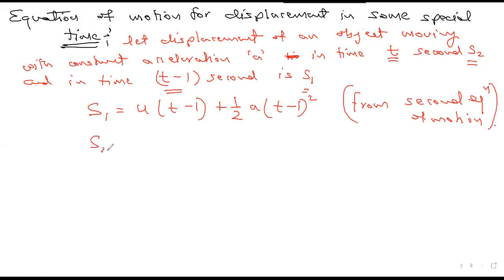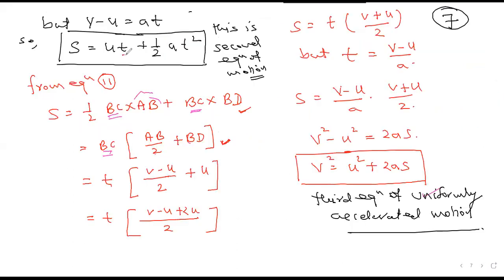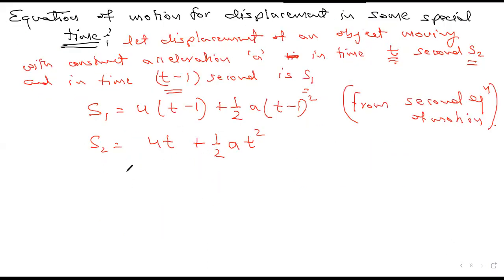Yes, sir. s2 for the t second, this is ut plus 1 upon 2 at square. चेक करो, सही लिखा है ना? This equation सेकेंड इक्वेशन ऑफ मोशन से ड्राइव किया गया है। Once you are applying for t minus 1, second time you are applying for t. Is this clear?